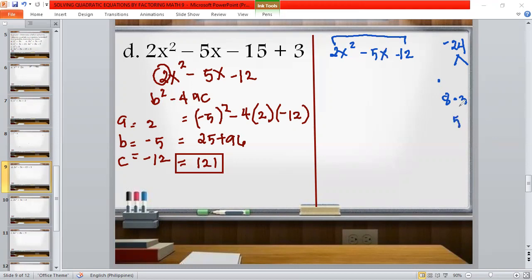Okay, so ano po yung mas mataas na sign dapat? Si 8 ba o si 3? Okay, so si 8. So negative 8. So negative 8 plus 3 is equal to negative 5. So ito po yung gagamitin nating factor. Okay, so we have negative 8 and positive 3.